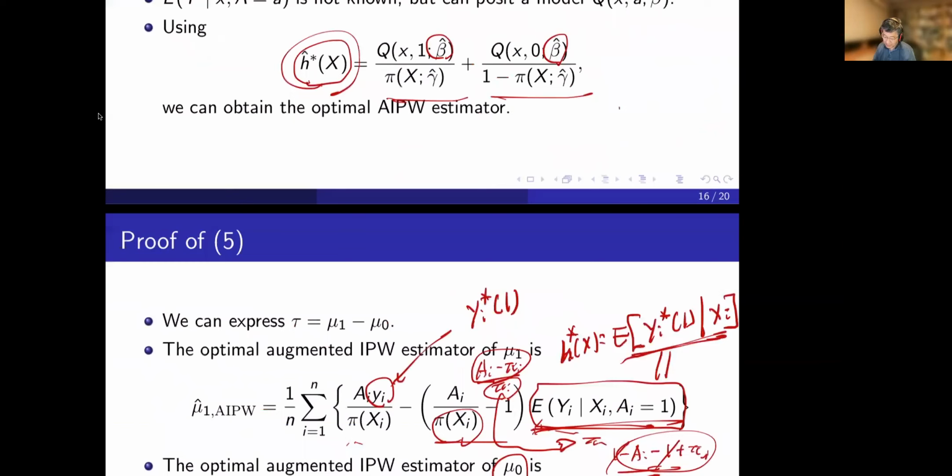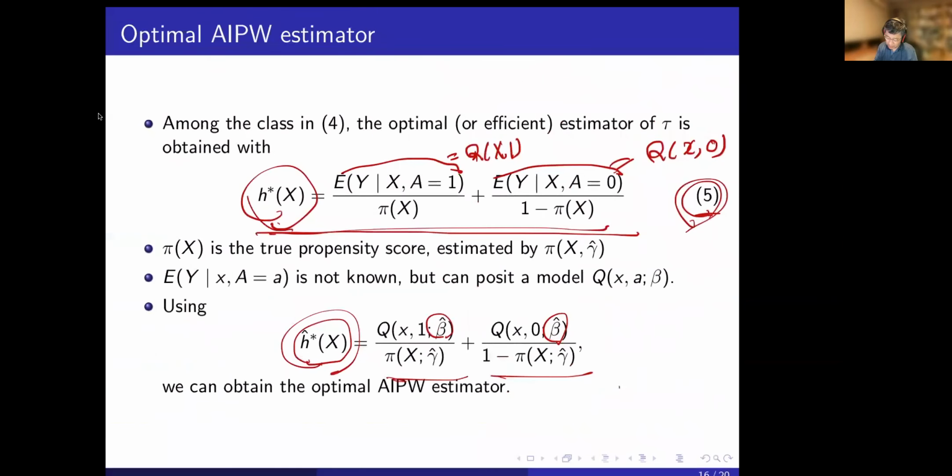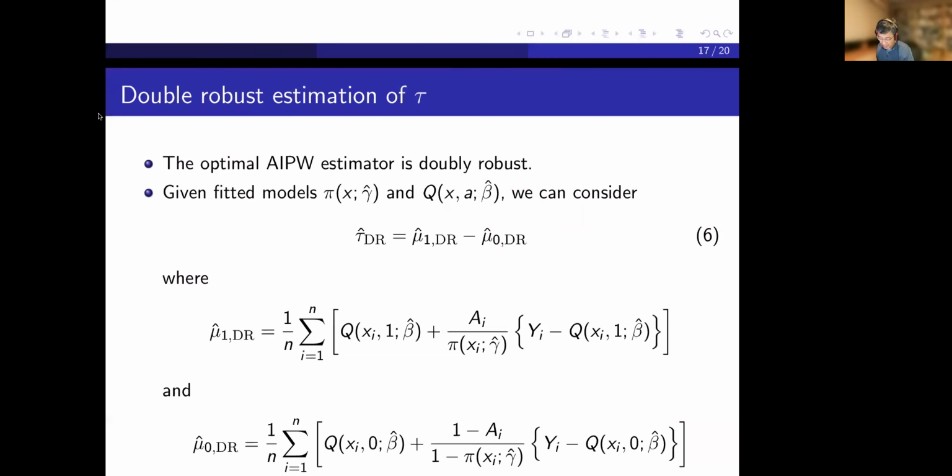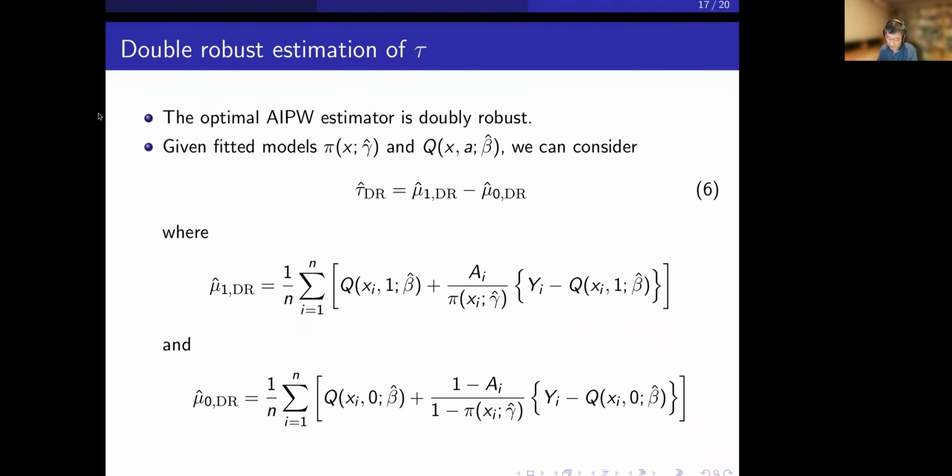And now, once you obtain this optimal H star and plug it in, it turns out that you can write it this way. So this is basically what we obtained using AIPW with the H star.